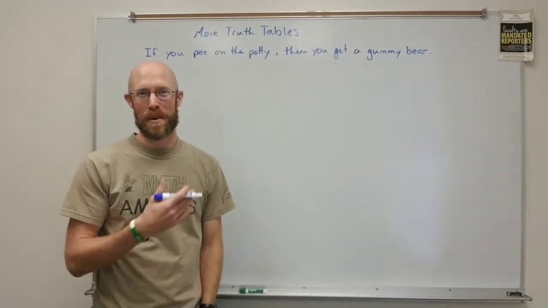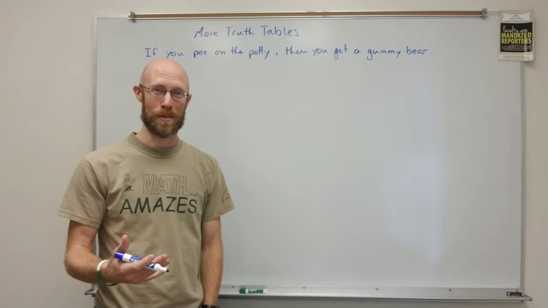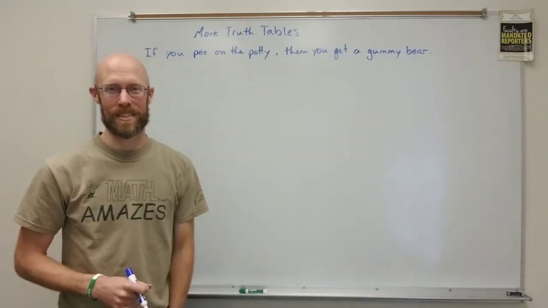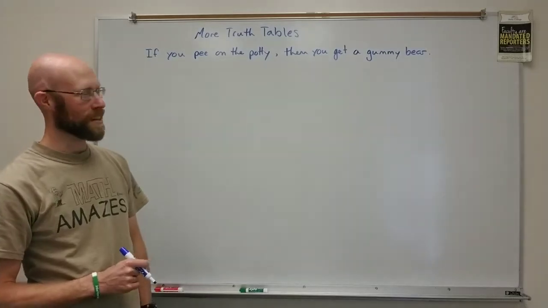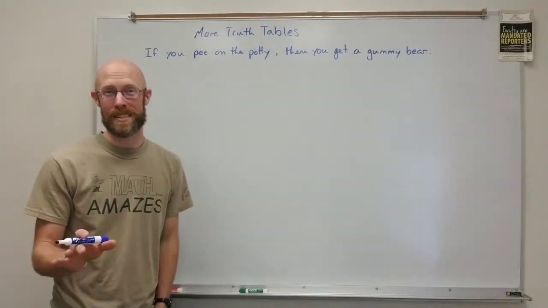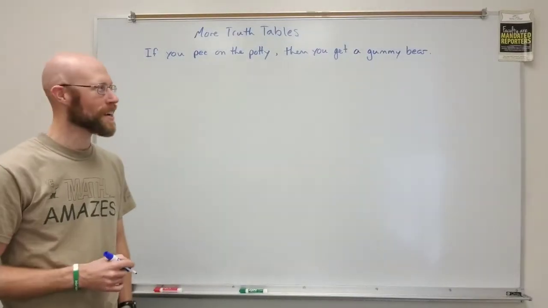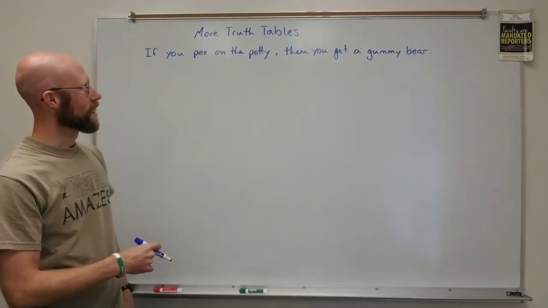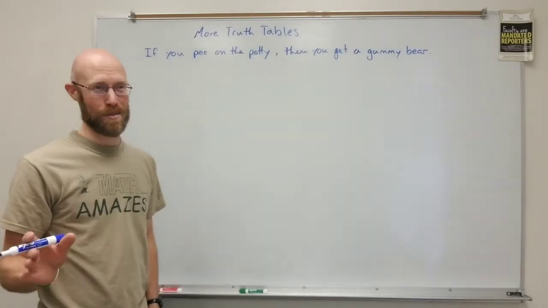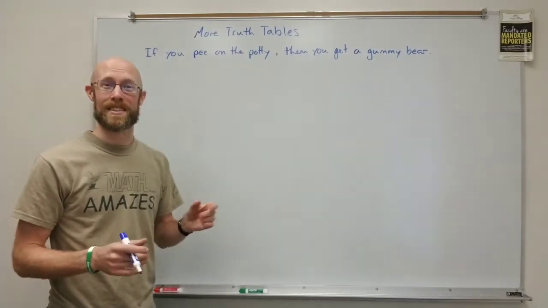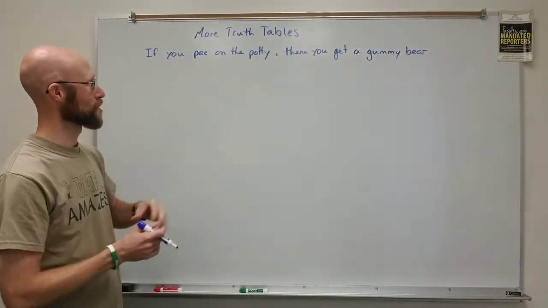So, a little story behind that. My wife and I are potty training our 2-year-old, and this is actually one way that we're getting her to do that, a little reward system. I'm sure there are better ways to do this, but it's working for her. She loves gummy bears, and she doesn't get them very often, or any sort of sweets really. So it's a little perk, encouraging her to go to the bathroom.